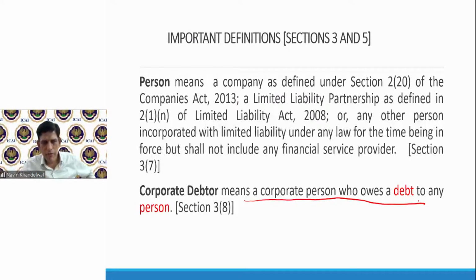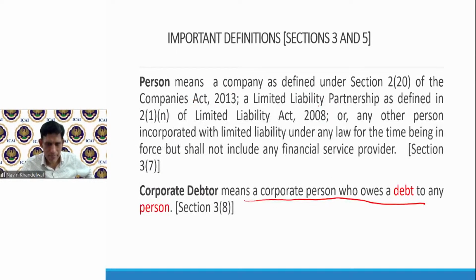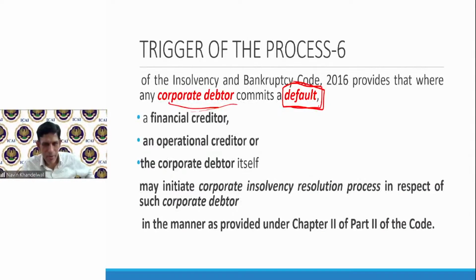That means a corporate person, which may include a company, LLP, and which owes a certain amount to any person. And person is defined again in this Act. So the basic criterion is that there should be a default committed by a corporate debtor towards a person.